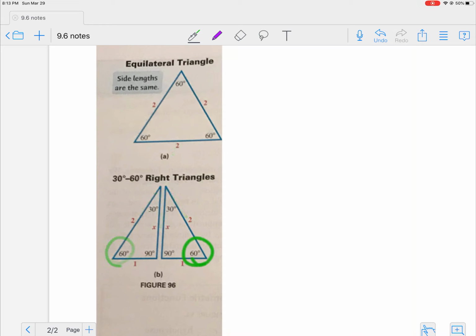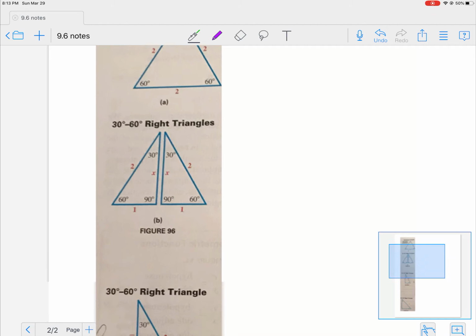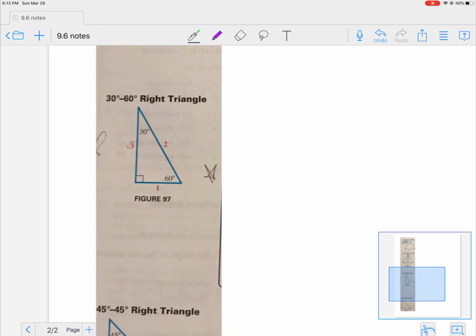If you have this equilateral triangle of length 2 and you split it in half, then this 60 gets split into a couple of 30s, and then I still have 60s over there, but I make that right triangle split in the middle. And if I split it in half, this also splits into 1 and 1.